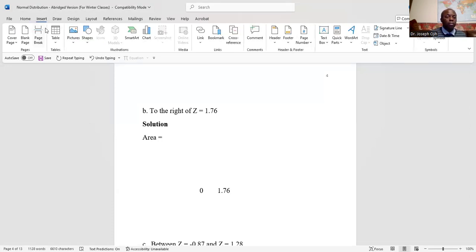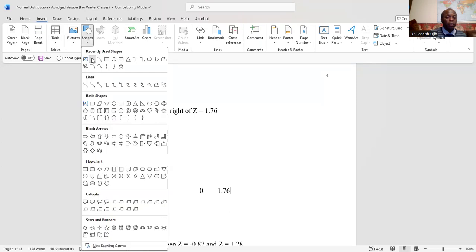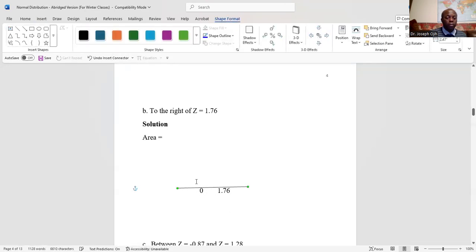Then you draw the chart, the x-axis, then put your bell curve.